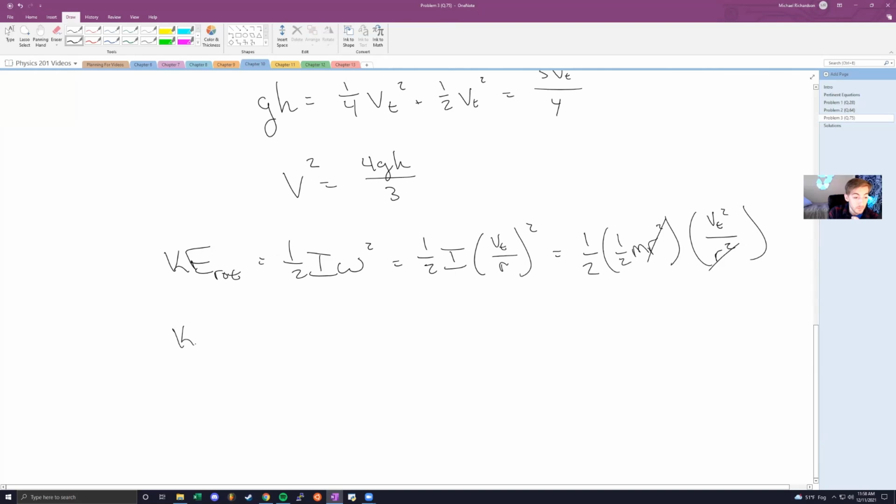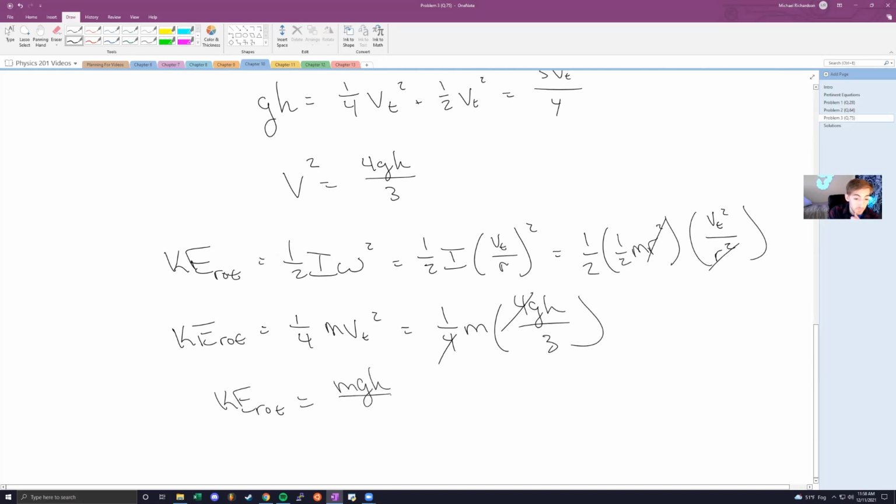And now we can say that our rotational kinetic energy is going to be equal to 1/4 m v_t squared, which will be equal to 1/4 m times 4gh over 3. Fours cancel, and we get that our rotational kinetic energy is equal to mgh divided by 3, or 1/3 of our initial gravitational potential.